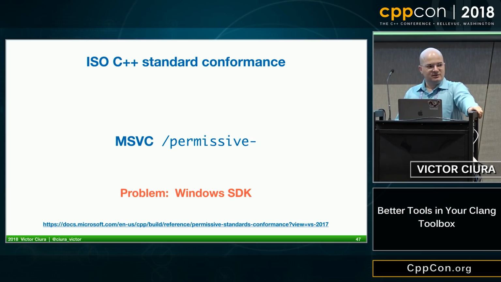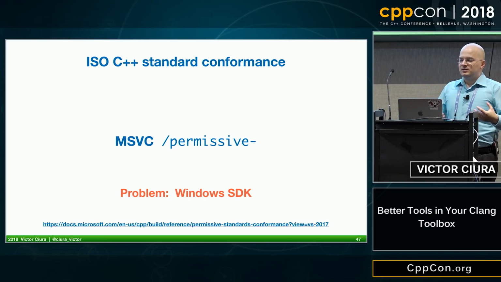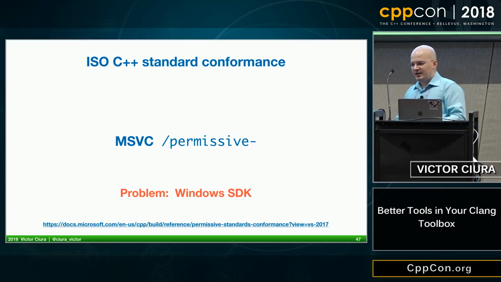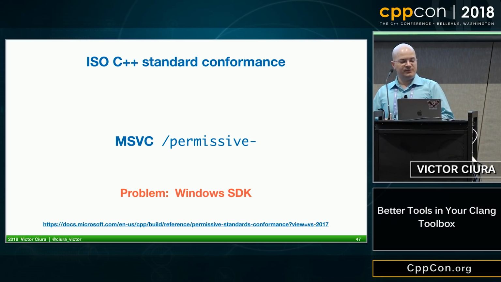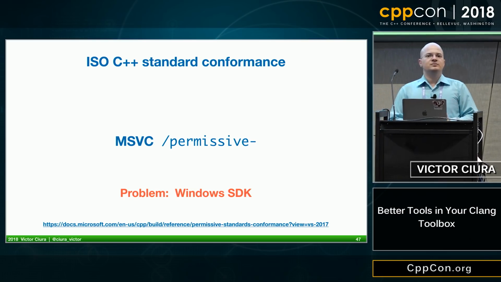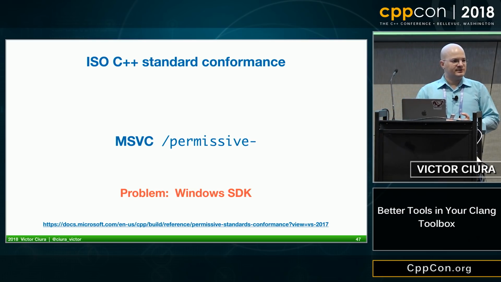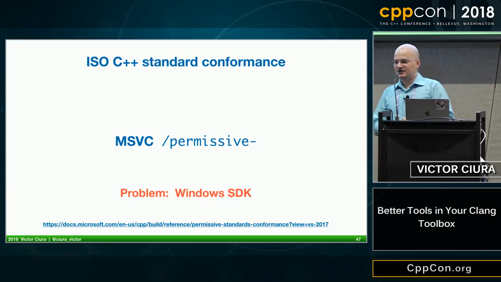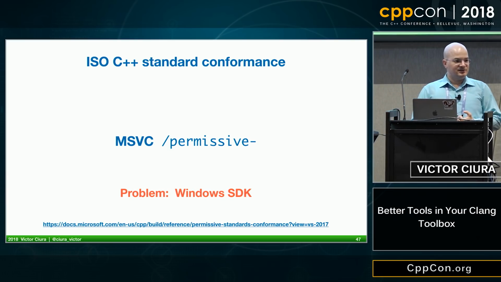It actually compiles, so the newer modern parts of the SDK are all good. For example, most of the UWP APIs for programming the Windows runtime, those are in good shape. But some of the ugly older ATL words in the Windows SDK don't compile under permissive minus, not yet.